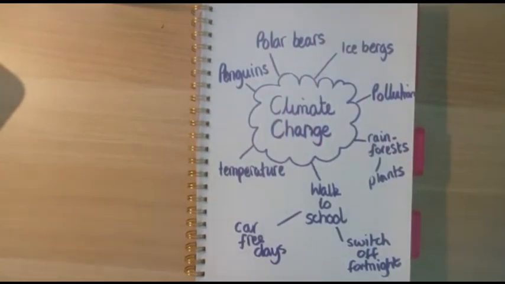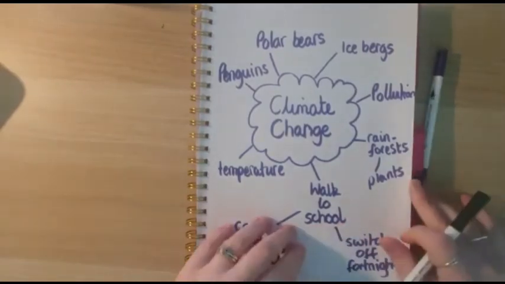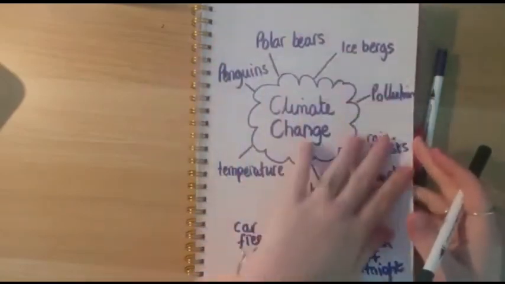The first thing that we need to do to understand climate change is to understand weather. That is our first learning objective, to understand weather. So I'm going to keep this page, but I'm going to turn it over, because that's all the things that we know about already, or we think about when we think about climate change.